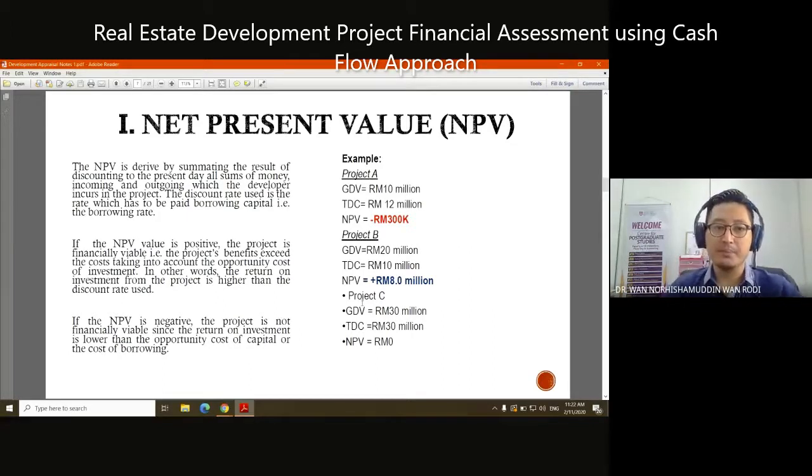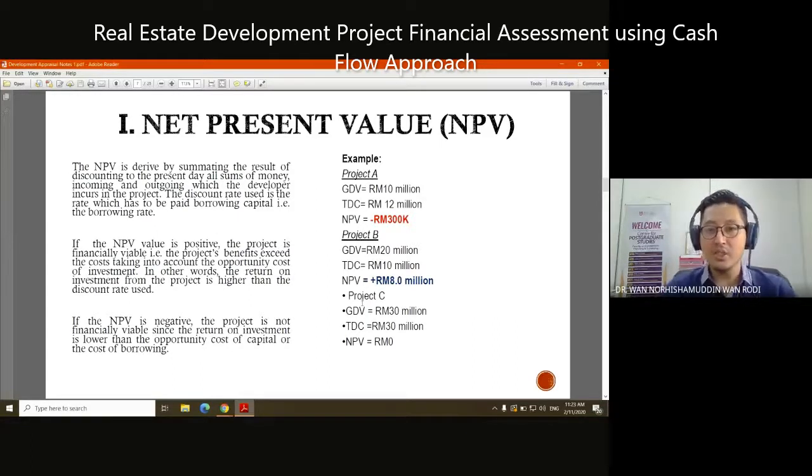For example, project A: the GDV is 10 million. On the other hand, the total development cost, or TDC, is 12 million. When you estimate the NPV, you get around negative 300k. Is it considered a good project or not a viable project? I believe that this is not a very viable project because it generates a negative NPV.